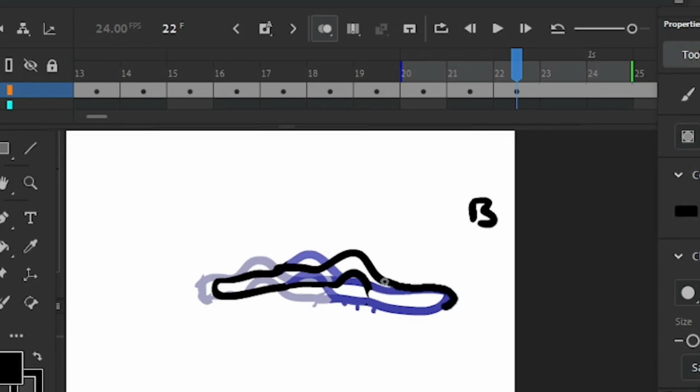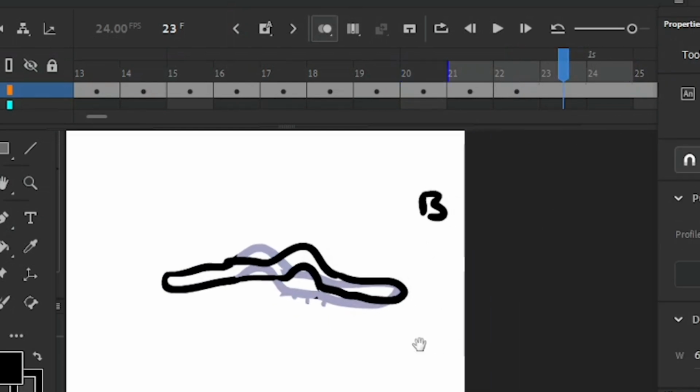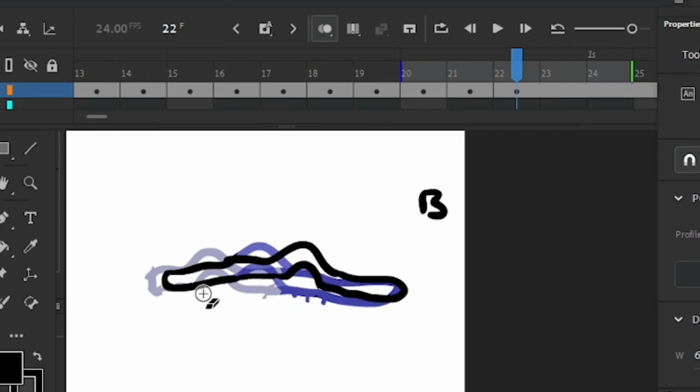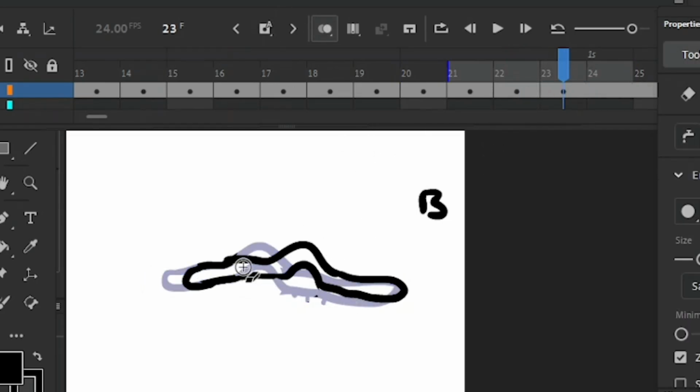Yeah, as you can see, we are almost there. 23. So you insert the next keyframe.